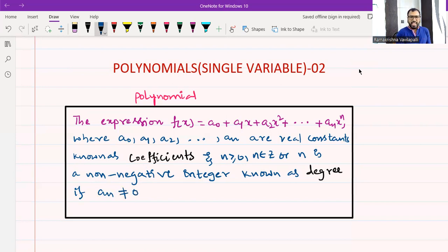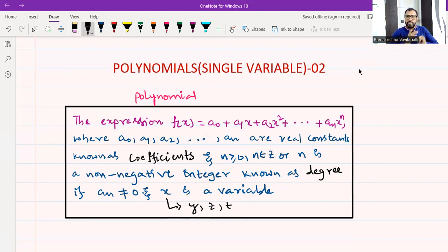So it is an nth degree polynomial equation provided an is not equal to 0, where x is a variable. In place of x, you can write any letter. Not only x, you can write y, z, t, whatever you want.